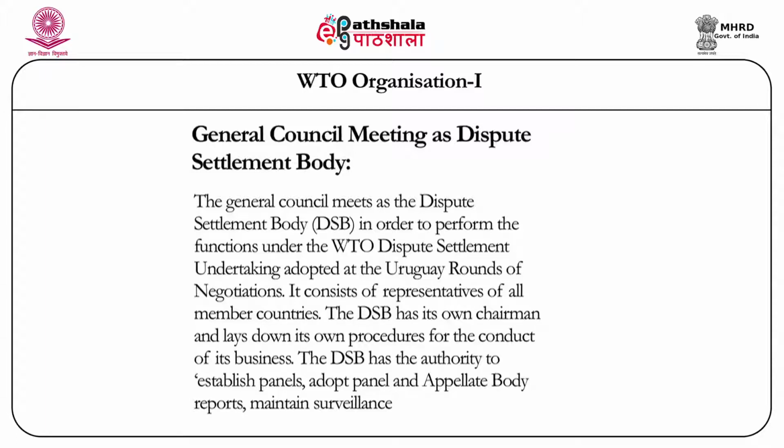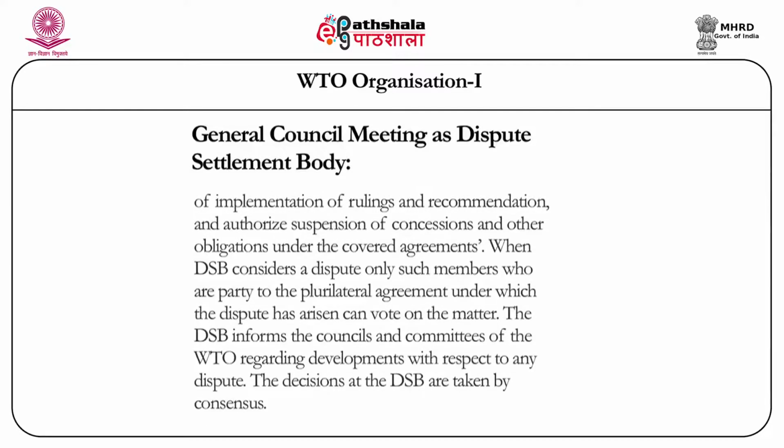The DSB has its own chairman and lays down its own procedures for the conduct of its business. The DSB has the authority to establish panels, adopt panel and appellate body reports, maintain surveillance of implementation of rulings and recommendations, and authorize suspension of concessions and other obligations under the covered agreements.